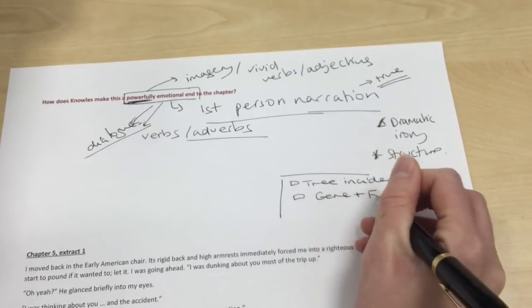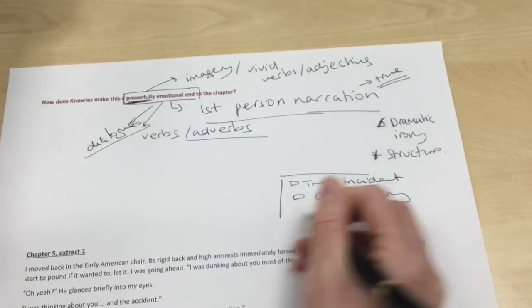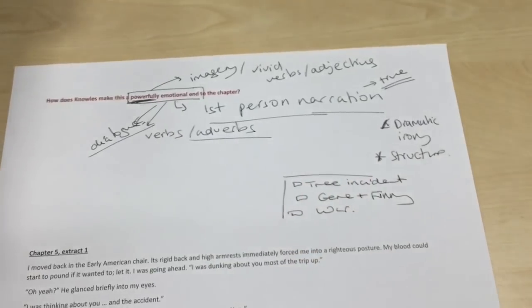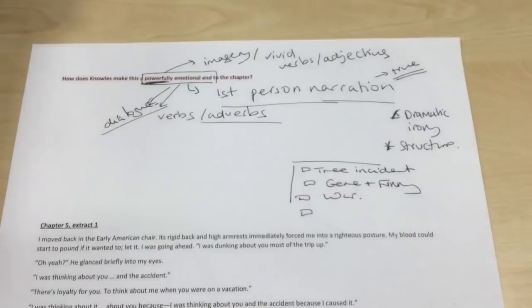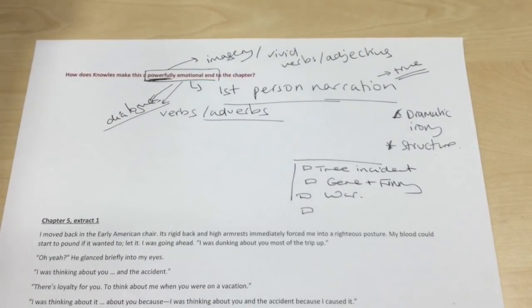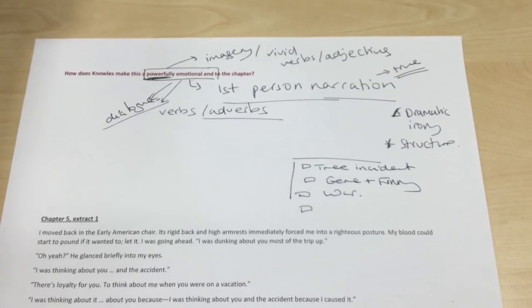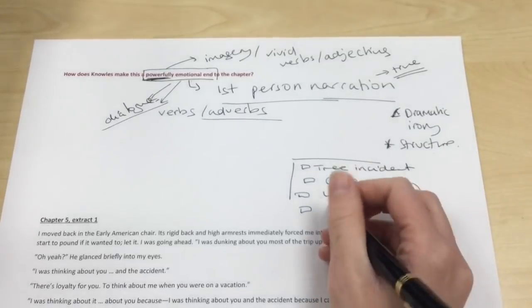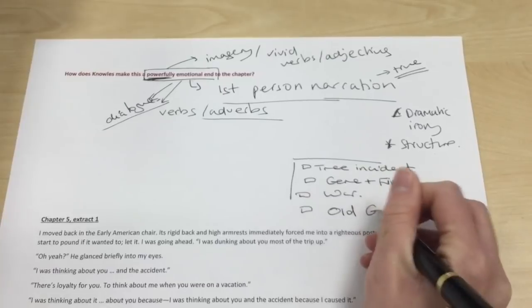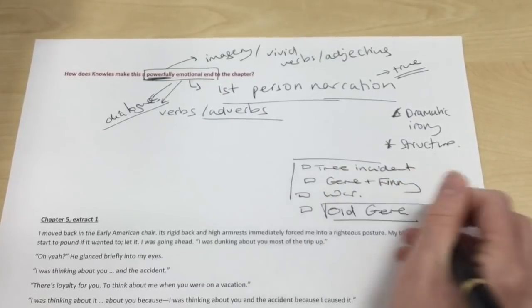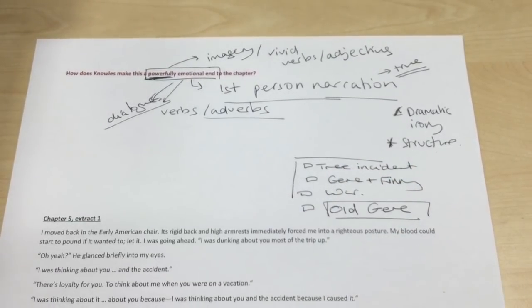Jean and Finney and their friendship. Probably going to mention the war at some point. So I am proving to the examiner that I've actually read this whole novel, and something about the end of the novel as well, or the beginning, and the fact that we have old Jean visiting the school, and this whole novel is through his memories.